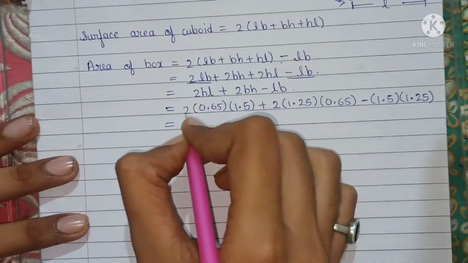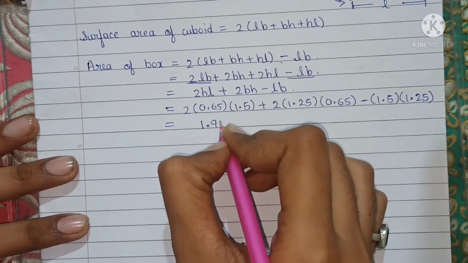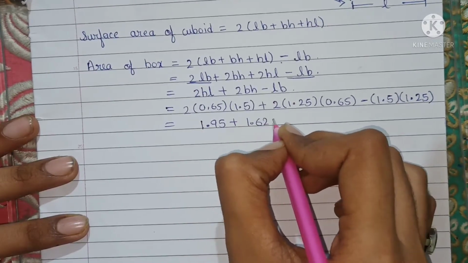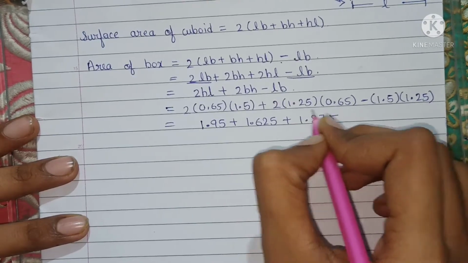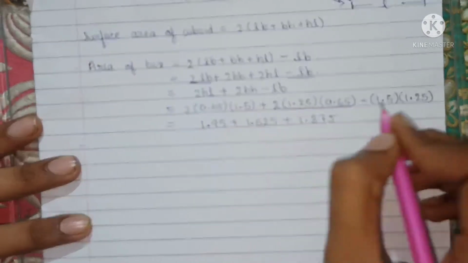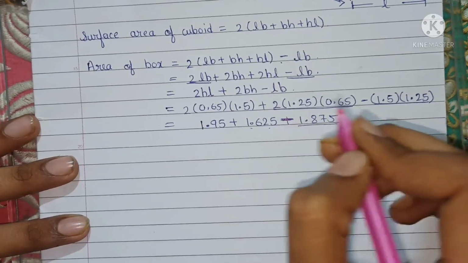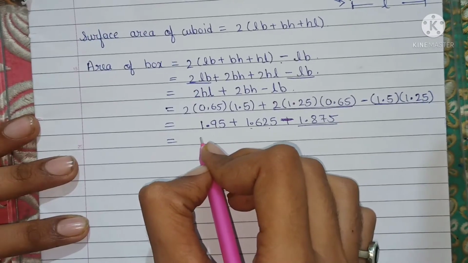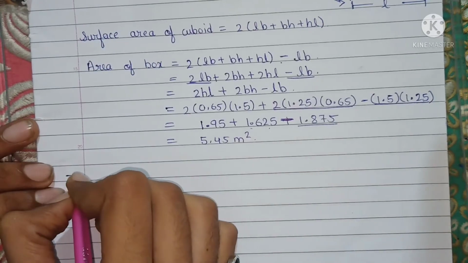Solving each, 2 into 0.65 into 1.5 is equal to 1.95, for this we get 1.625, and for this we get 1.875. Adding, we get 5.45 meter square.